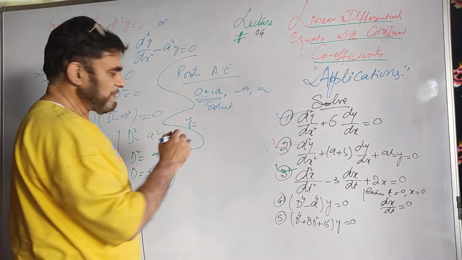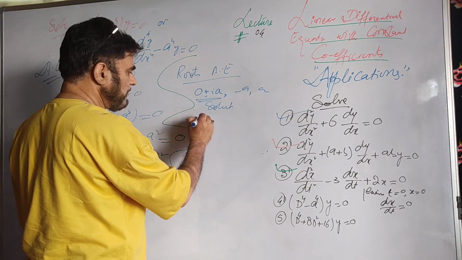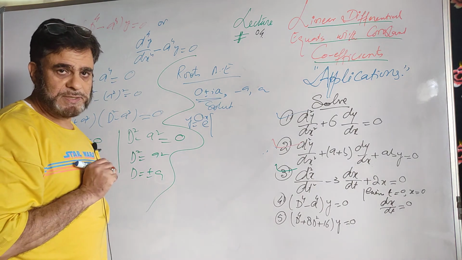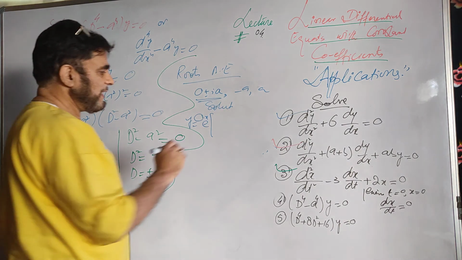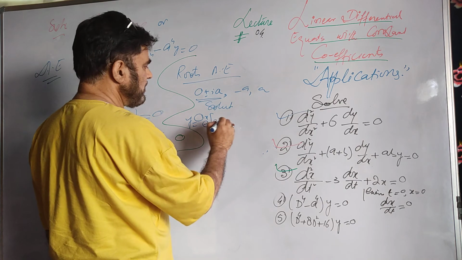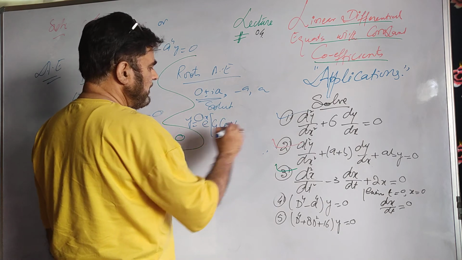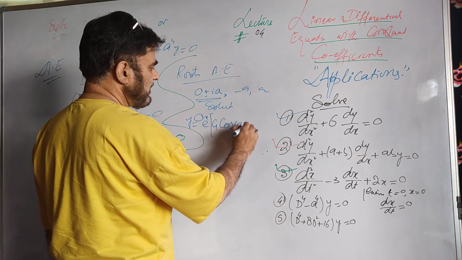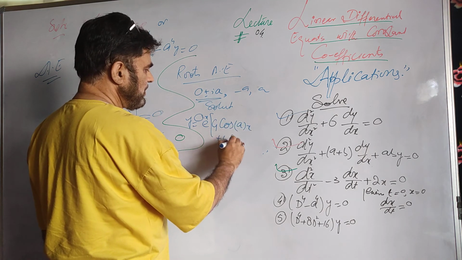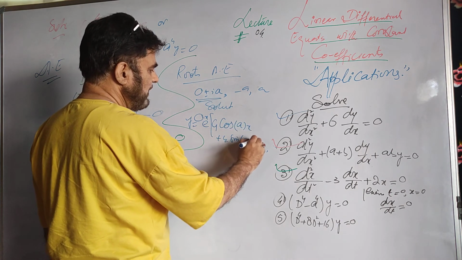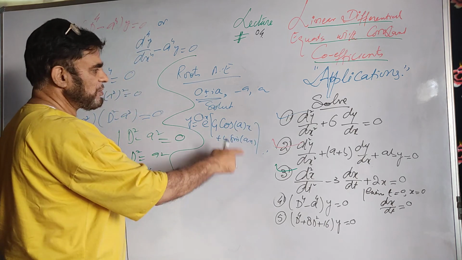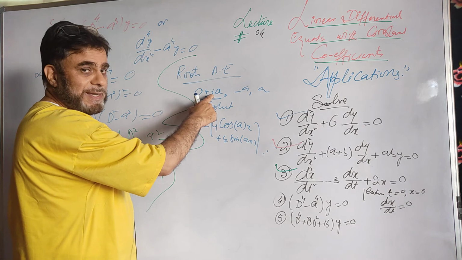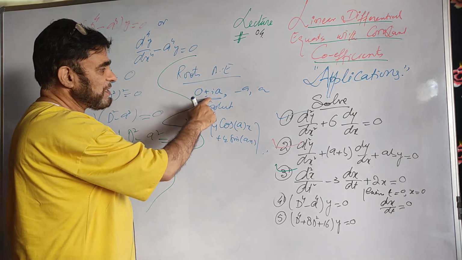As you know by the previous method, e raised power real part into independent variable. What is the real part here? It is 0, so e raised power 0x. Then any constant, let it be c1 cos of imaginary part. What is the imaginary part? It is a, so cos of ax. Then plus c2 sine of ax. This is the part of the solution corresponding to 0 plus minus iota a.